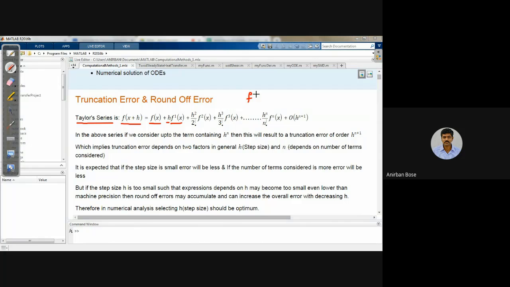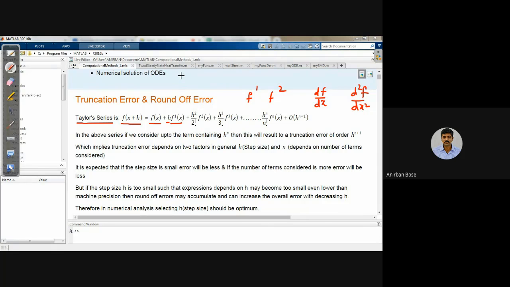Basically this f1, f2, these are indicating the different order of the derivative of this function. f1 indicates basically df dx, and similarly f2 indicates the second order d2f dx2, like that. And already we know what is Taylor series.